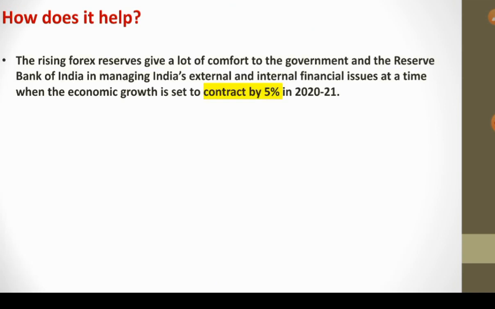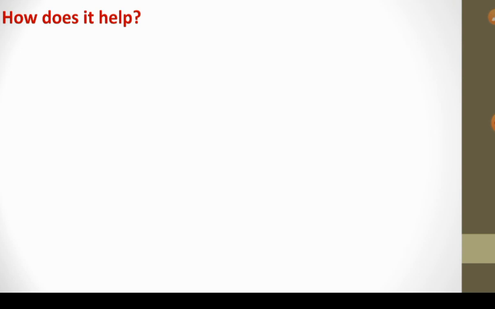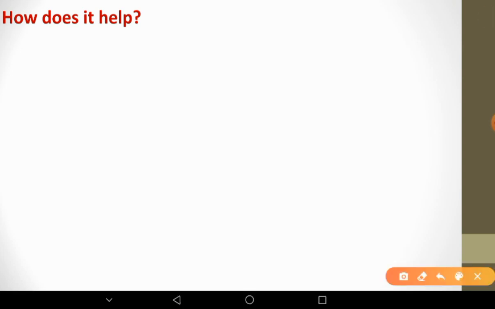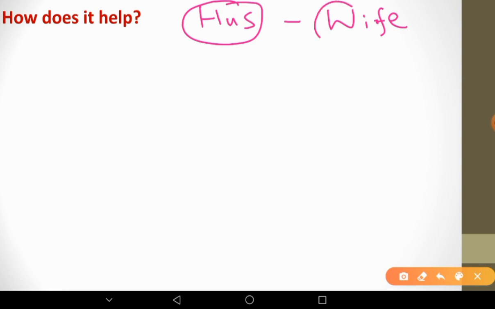Now you can ask how forex helps India. Let me tell you a small story. The Indian government is the husband, and the RBI is the wife. In a normal house, the husband earns the money and the wife manages it.